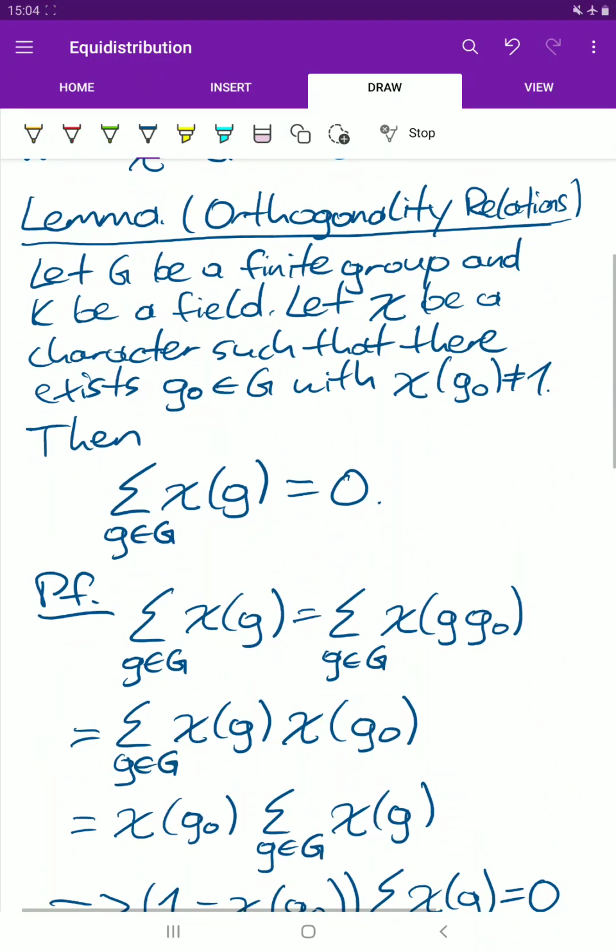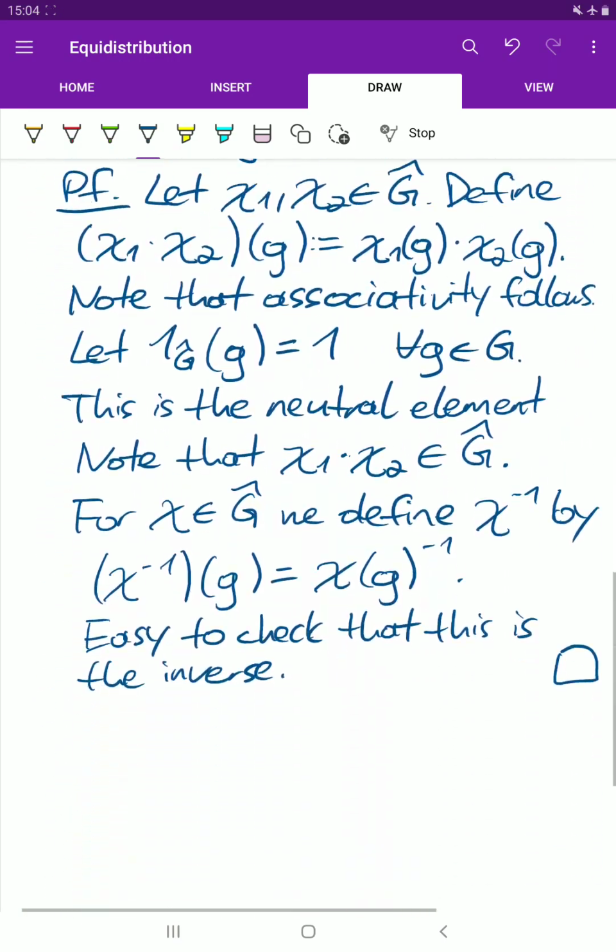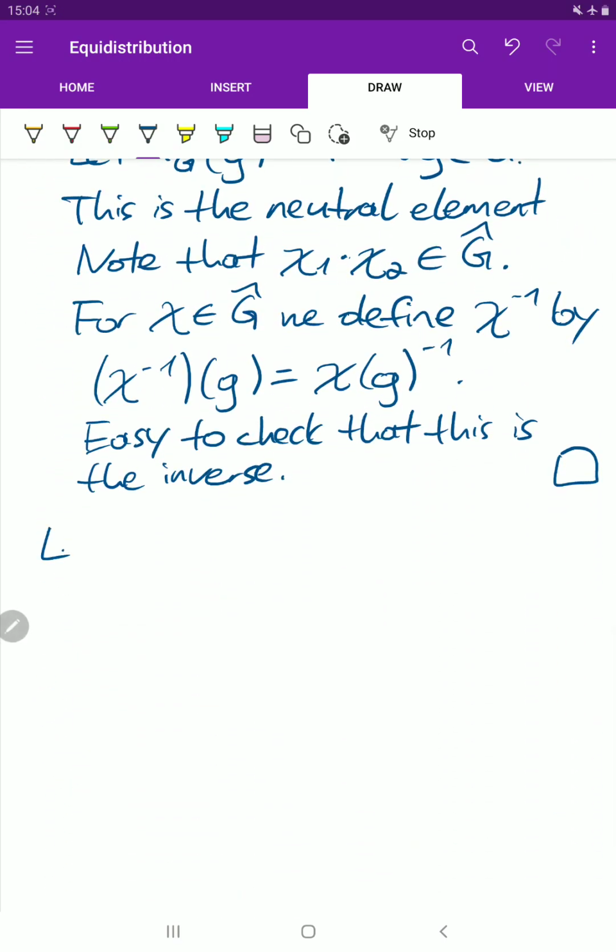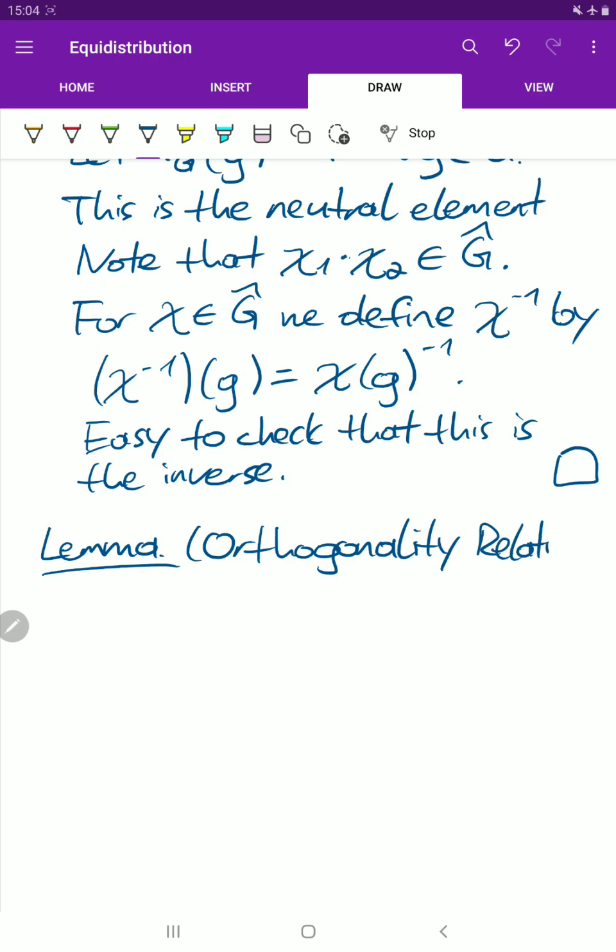So we had these ones. Now let's prove them by summing over the elements in the group of characters. Again, we call it orthogonality relations.